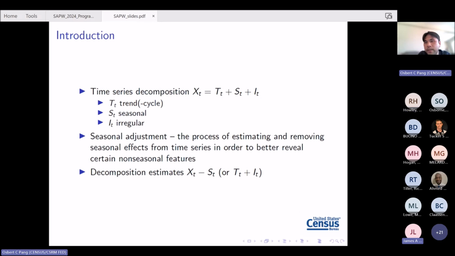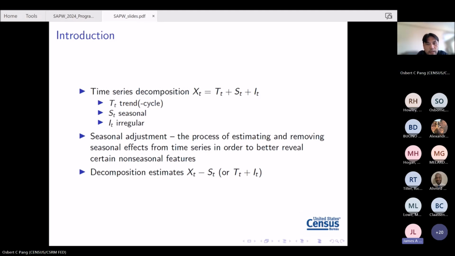Sometimes the trend cycle component can be further split into a separate trend component and a separate cycle component. Seasonal adjustment, we're familiar with this. It's the process of estimating and removing seasonal effects from time series for the purpose of revealing certain non-seasonal features that may be obfuscated by the seasonality in the series.